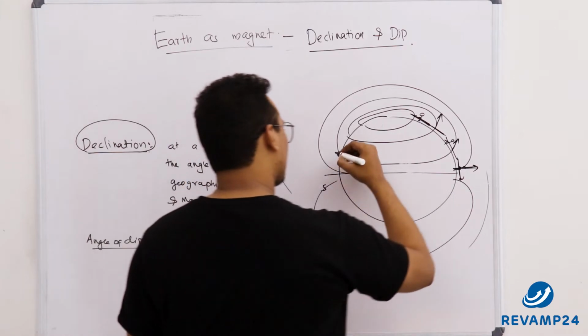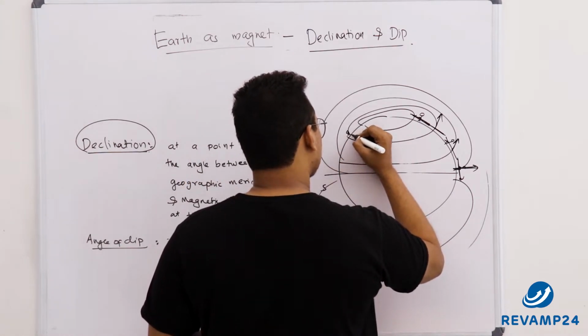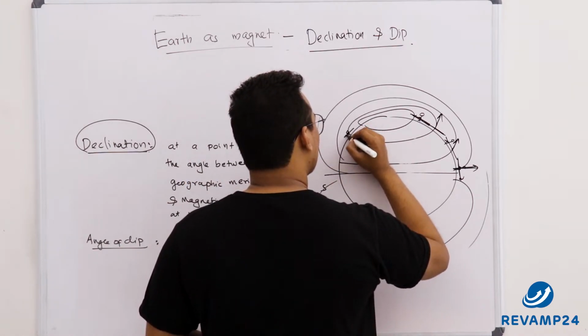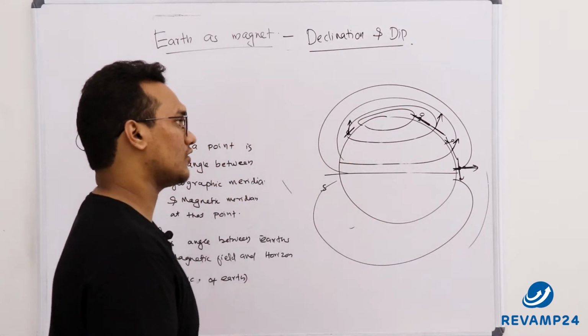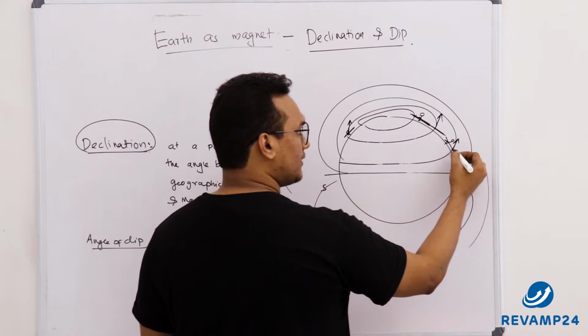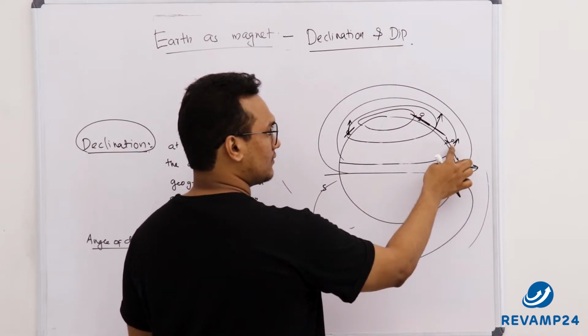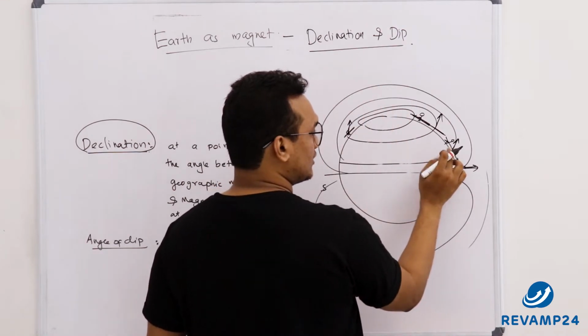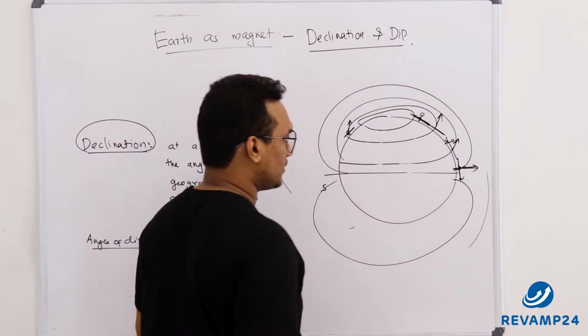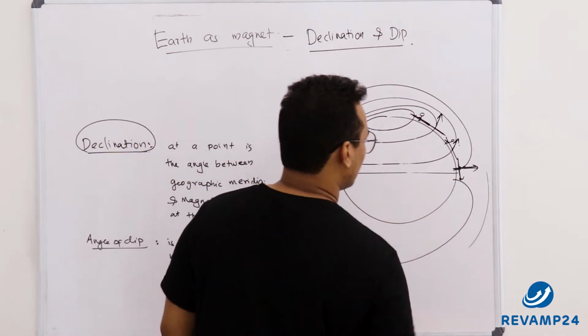How do we get the direction of the magnetic field? At that point, draw the tangent to the magnetic field line. I have drawn a tangent, so this is the direction of the magnetic field.